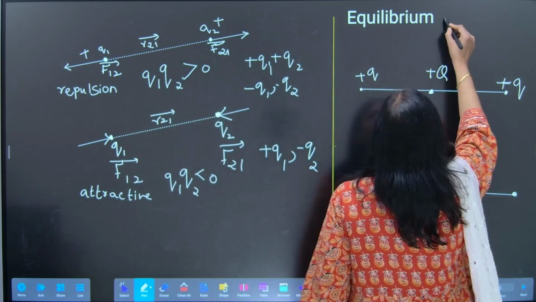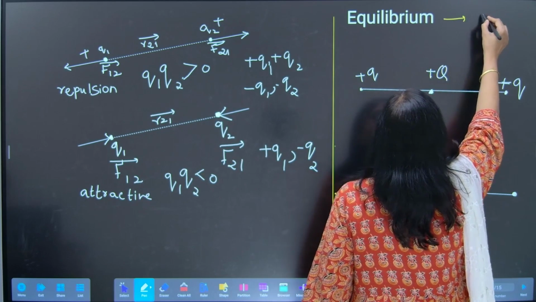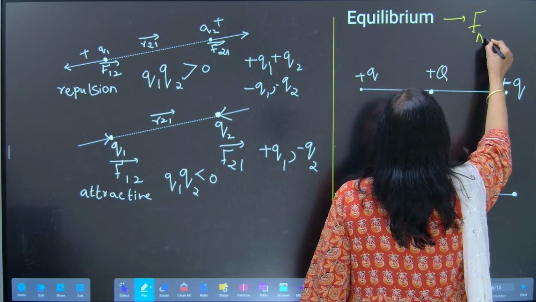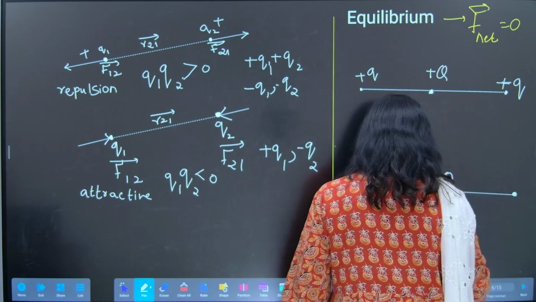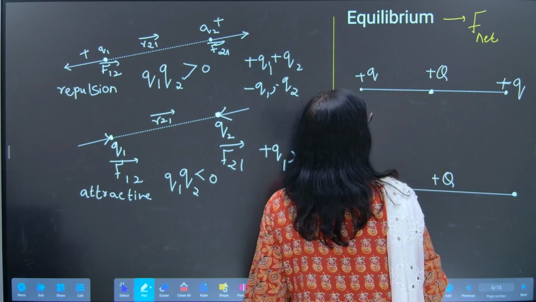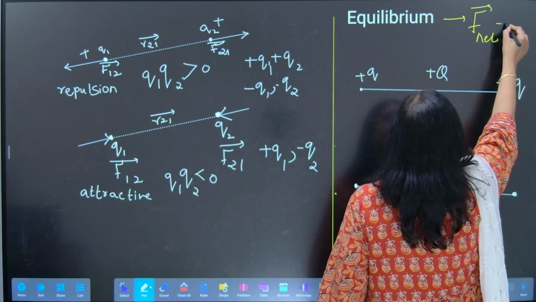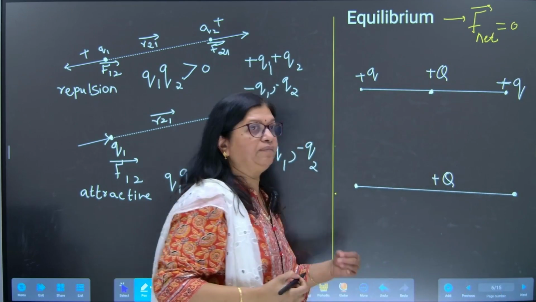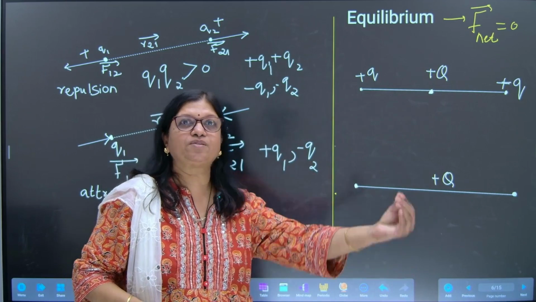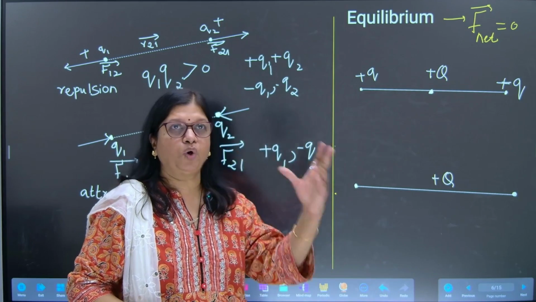So the moment we say that the system of charges is in equilibrium, it means that the force acting on these charges is equal to 0.